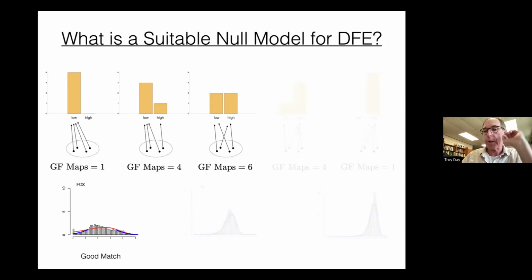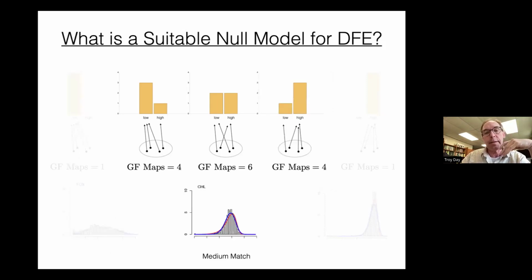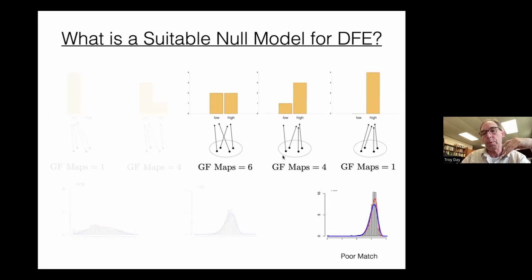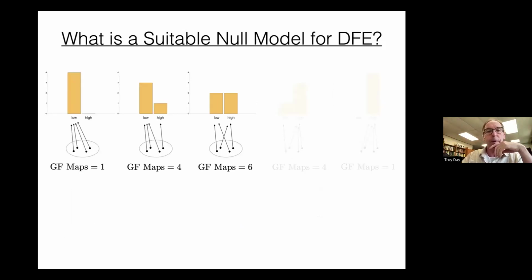I might want to focus on a subset of possible maps, depending on what environment I measure things in. So if I measure them in an environment that's a good match between the species and the environment, I might be in that subset. There's a medium match or a poor match where most of the mutations are then high fitness mutations. So I want to somehow focus attention only on a subset of all the possible maps.